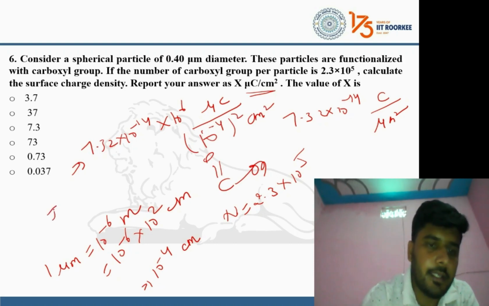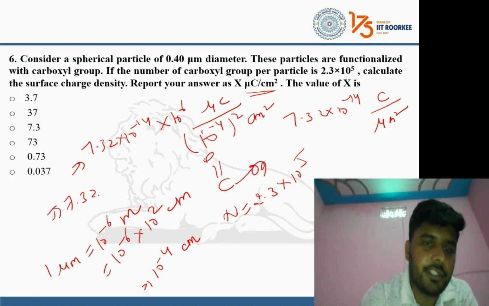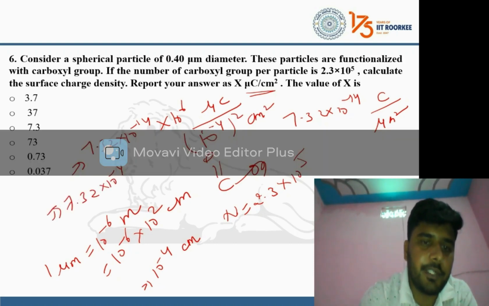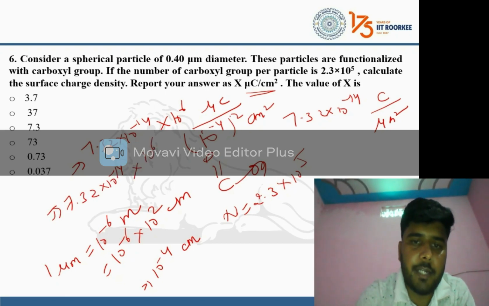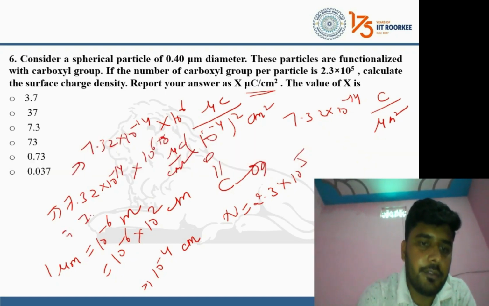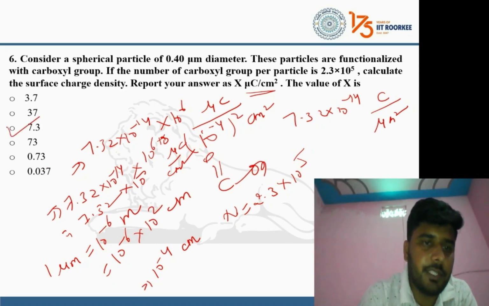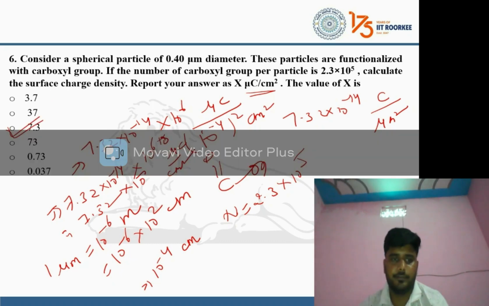After that you get 7.32 into 10 to the power minus 14 plus 8, that is 10 to the power 6 microcoulomb per centimeter square. So you will get option 7.32, because the powers cancel to 10 to the power 0. I think this should be the right answer.